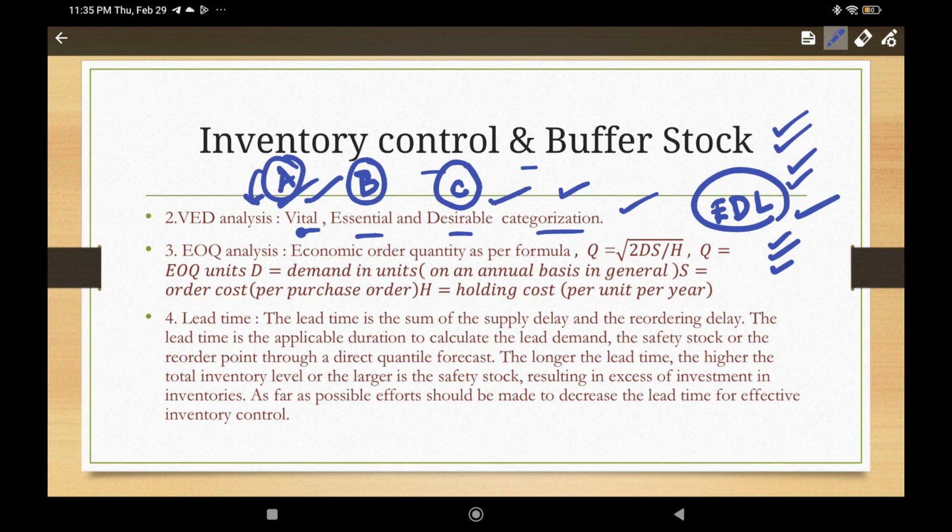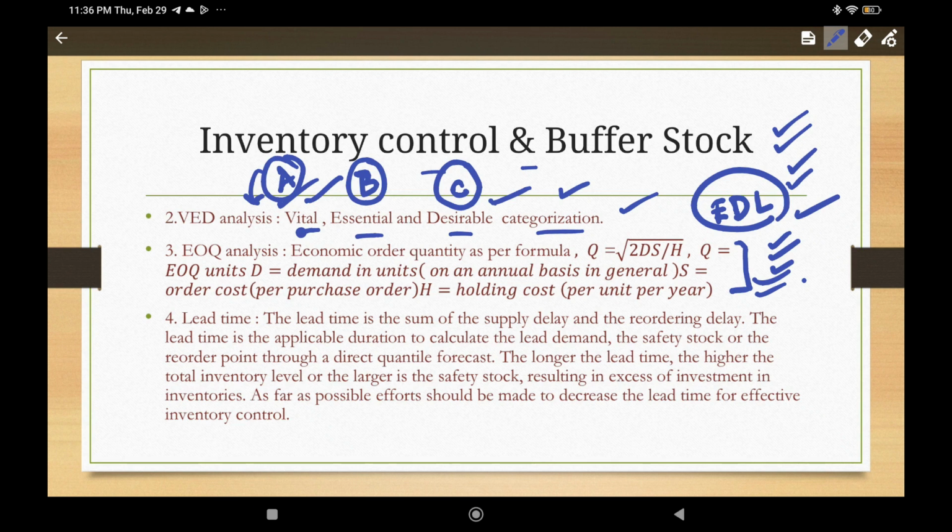And next is EOQ analysis, that is economic order quantity as per formula. Generally this particular system is not followed in medicinal stores. It is mainly useful for those stores which are commercial stores and all. Here they used to take care of the cost of the materials with much more importance.